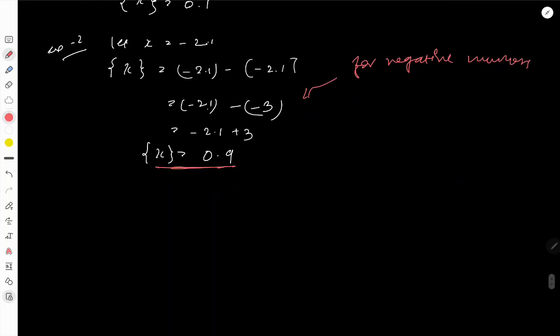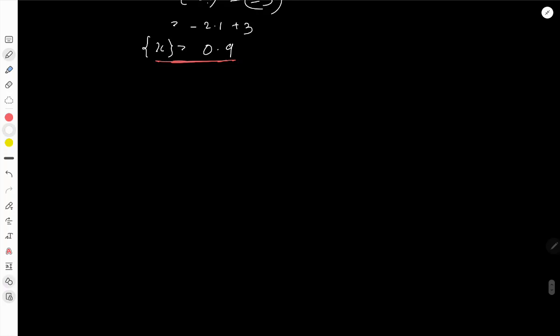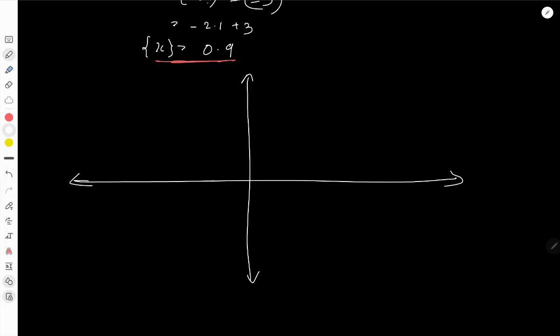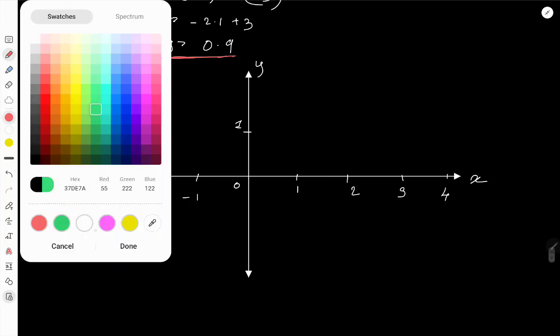Now after seeing the graph, you might understand how this is coming. So let us draw the coordinate axes and name them, because the naming is always important. This is the x-axis, this is the y-axis. Let me first show the integers 1, 2, 3, 4, -1, -2, -3. Here is our 1. Now how is the fractional part of x?